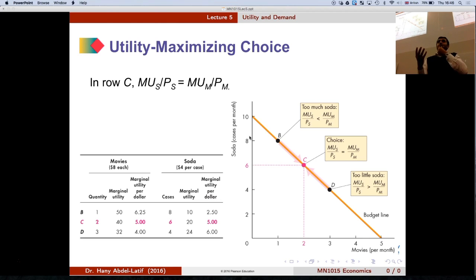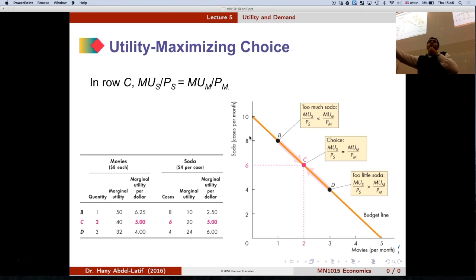So that's the idea. Okay? So now, if you look at this too, the marginal utility per dollar of soda here is less. So I want to increase that. Okay? So then look at the marginal utility. There are two things here. We have the marginal utility and the price. Which one can you change as a consumer? Do you have any control on the price?